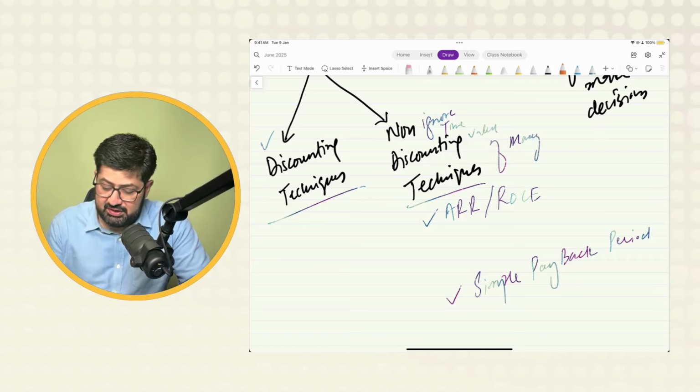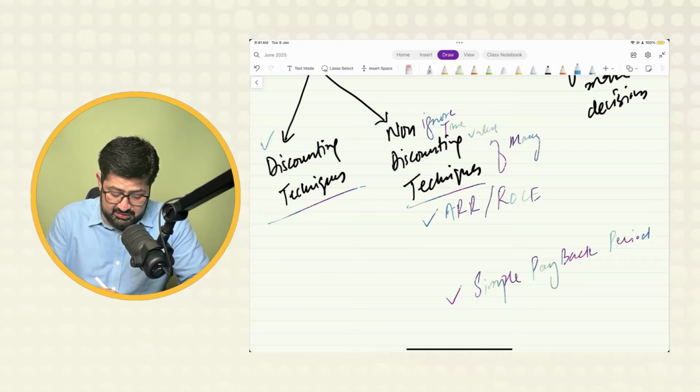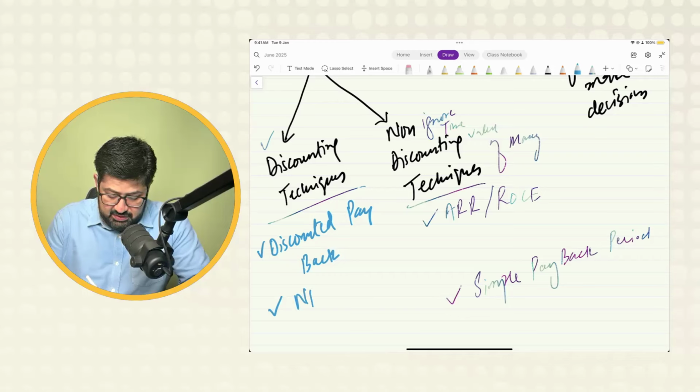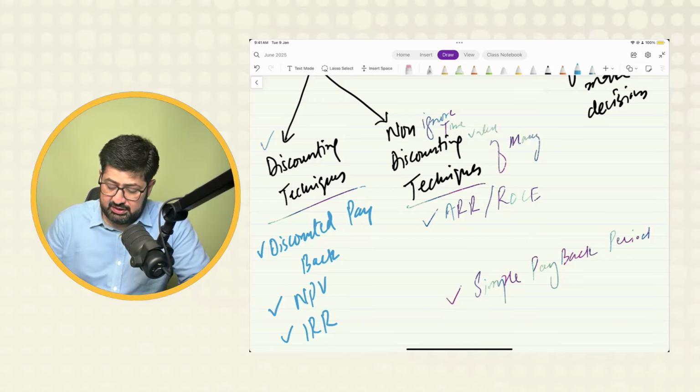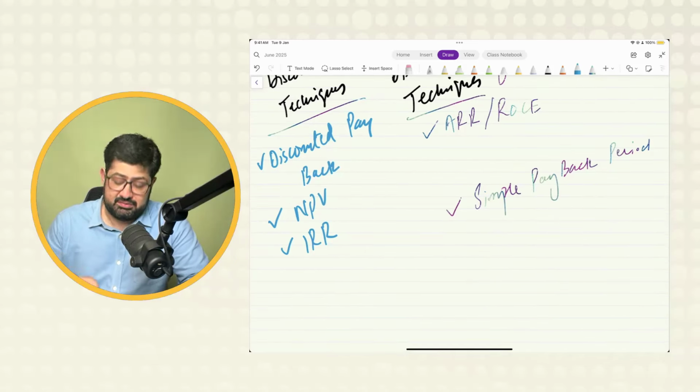The discounting techniques start with discounted payback, NPV, IRR. These are part of your syllabus of financial management, F9. Now, one by one, a quick revision.